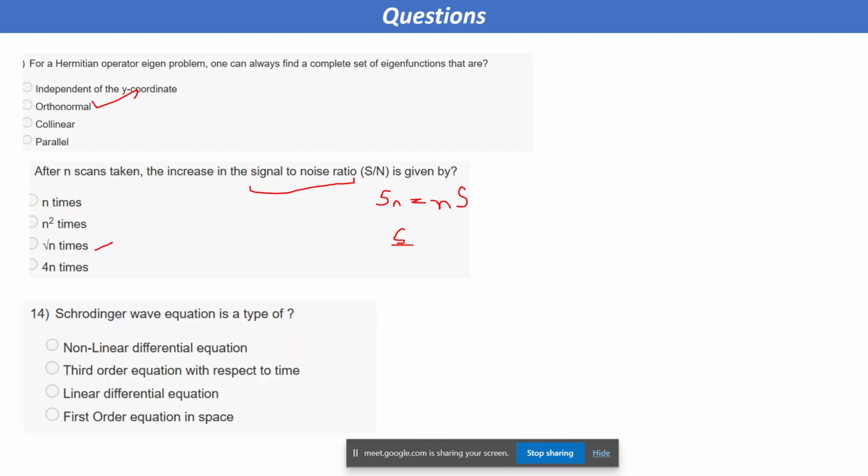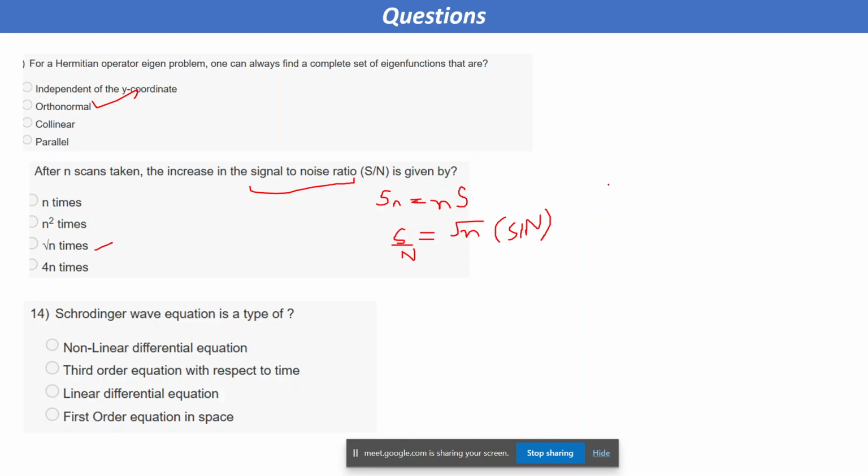So now after n scans, the increase in the signal to noise ratio will be root n s by n. So how did it come? As noise is random, it can take any value. It can be an increased value or a decreased value also.